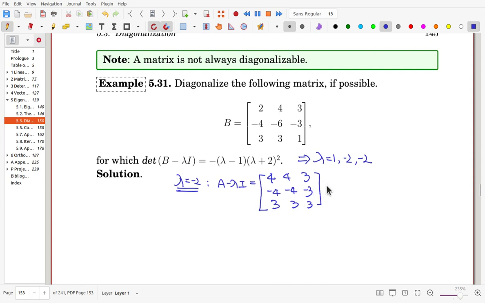Okay. Now we have to solve this homogeneous equation. Again, we are using the elementary row operations for the matrix.